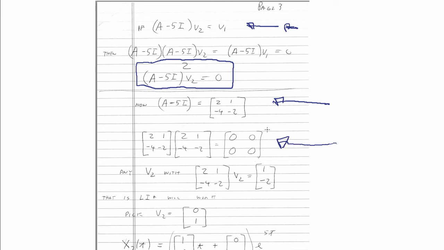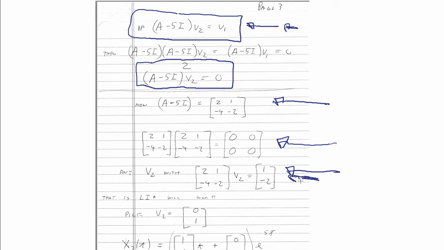Doing that, we notice that we just get the zero matrix in this one example. So in fact, any vector would work. And then in the next part, I just need some vector v2 so that if I take A minus 5I times v2, I get v1. That's the equation I wrote down right here.